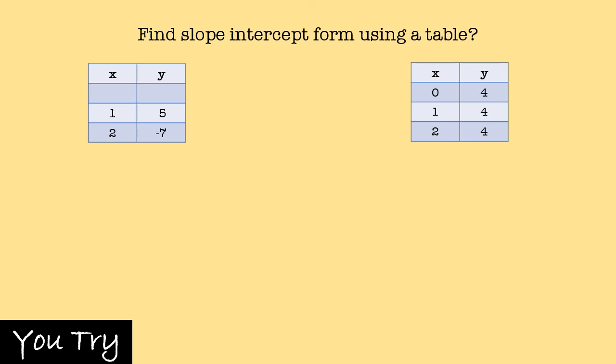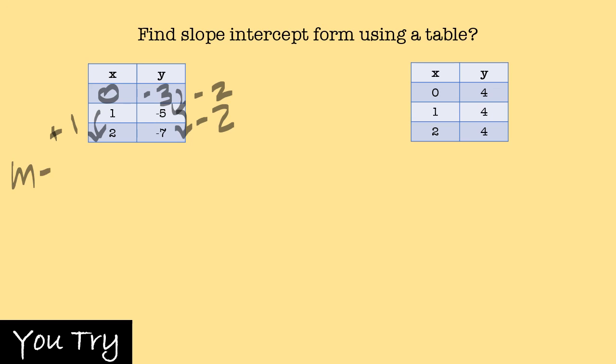Your turn to try. So if we're looking here, we are going down by 2. So this up here, if we had gone down by 2, would be a negative 3. Here it's going up by 1, and so up here it would be 0.